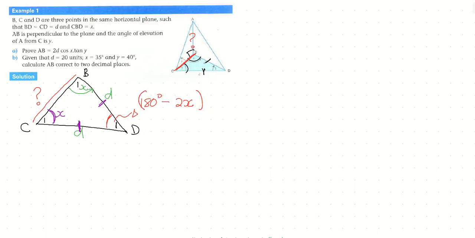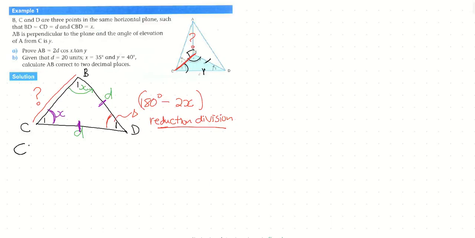And as soon as I see that, I think of something called reduction division. 180s, 90s, 270s, 360s will always give me reduction division. So let's go see how I can do this. I want to use my sine rule. What do I always write on the numerator? I always write the unknown first.